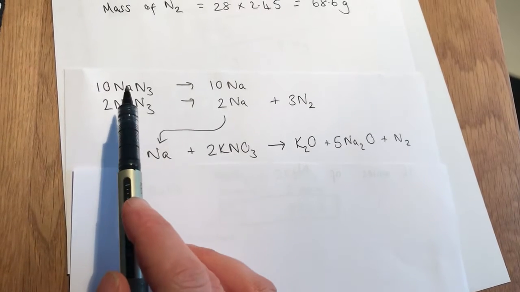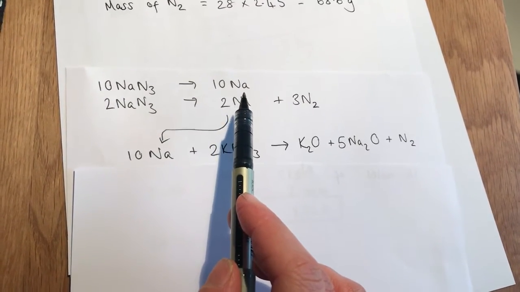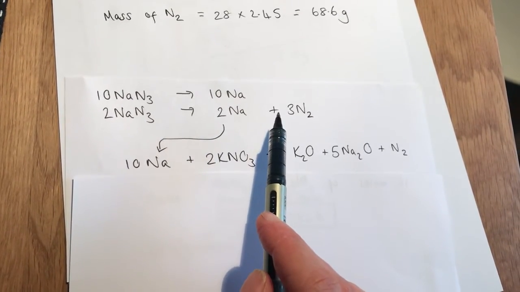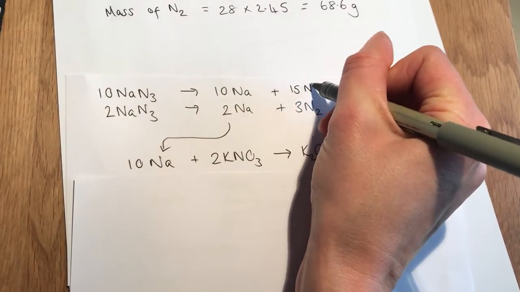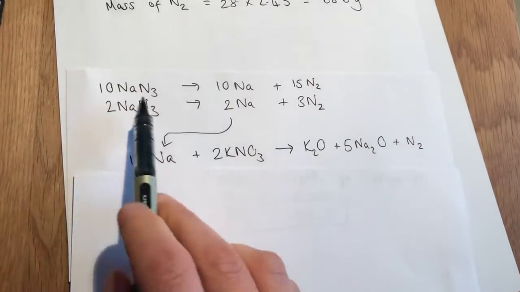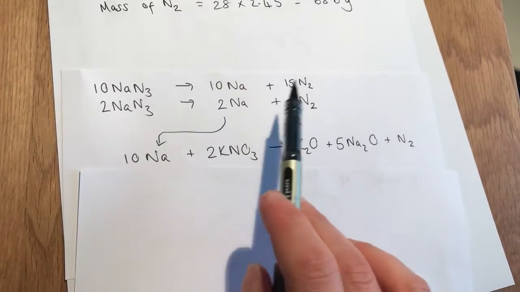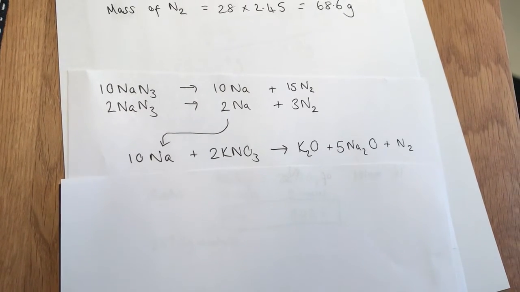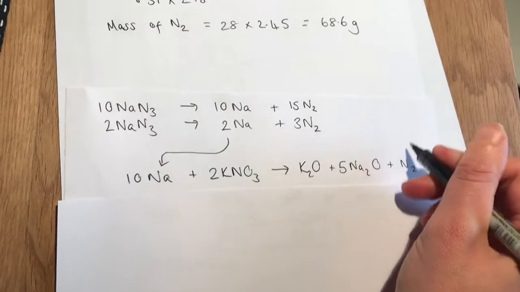If I have 10 moles of sodium azide and make 10 moles of sodium from that, I will also produce 15 moles of nitrogen. Just using the molar ratio, 2 to 2 to 3 is the same as 10 to 10 to 15. But that isn't all the nitrogen that's produced, because over here we are also producing 1 mole.